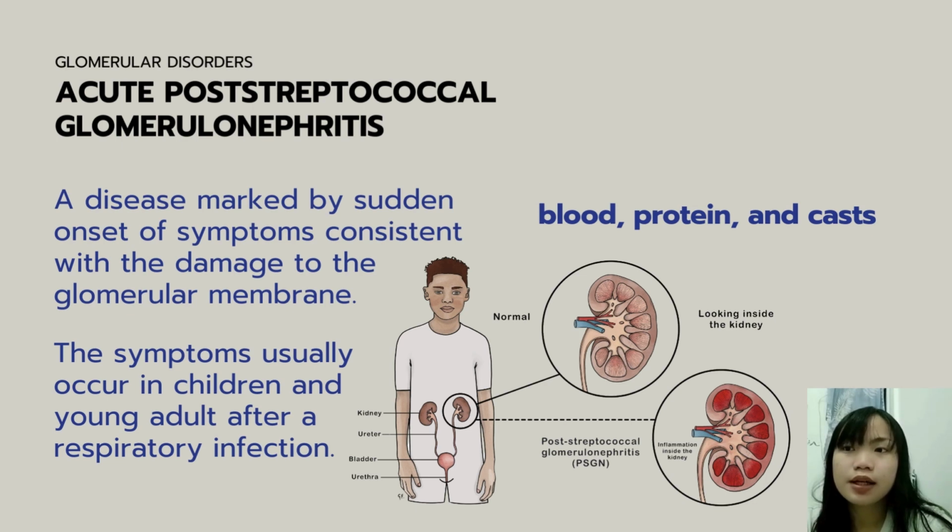So, si acute post-streptococcal glomerulonephritis or AGN in short ay nangyayari dahil na-expose sa M protein sa cell wall ng Streptococcus pyogenes. Kaya nag-cause ng immune complexes or immune responses and nagkakaroon ng deposition sa glomerulus which causes damage.